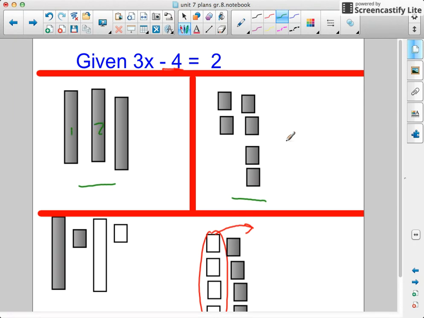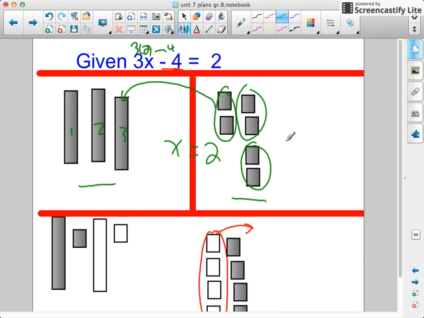I have 1, 2, 3 variables, so I need to make 3 equal groups on this side. And one of them, x, is equal to positive 2. If I wanted to check my answer, I'd go up here. I'd go 3 times 2 minus 4 and that needs to equal 2. Well, 3 times 2 is 6. 6 minus 4 equals 2, so I am correct.